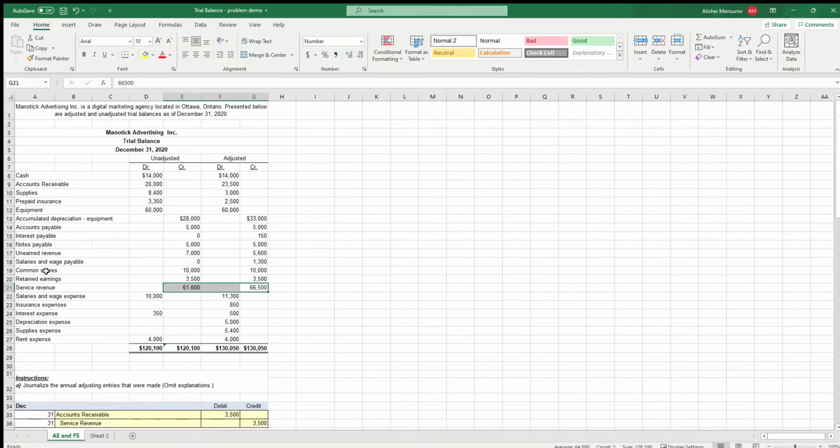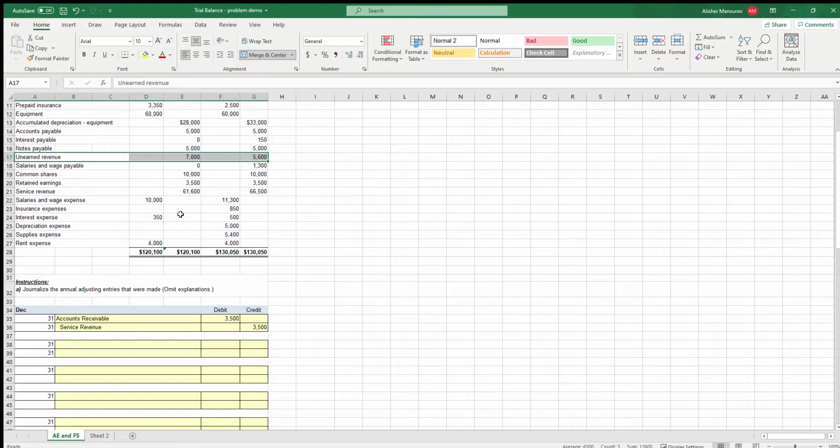So let's account for the remainder of the increase in service revenue. If we look here, unearned revenue went down. It looks like the company earned some of its unearned revenue, some of its liability, so it went down from 7,000 to 5,600.